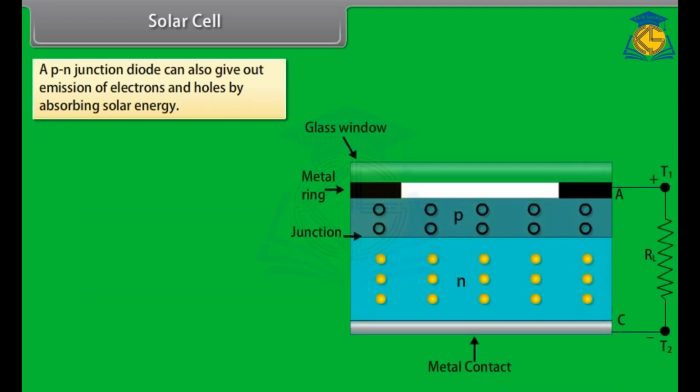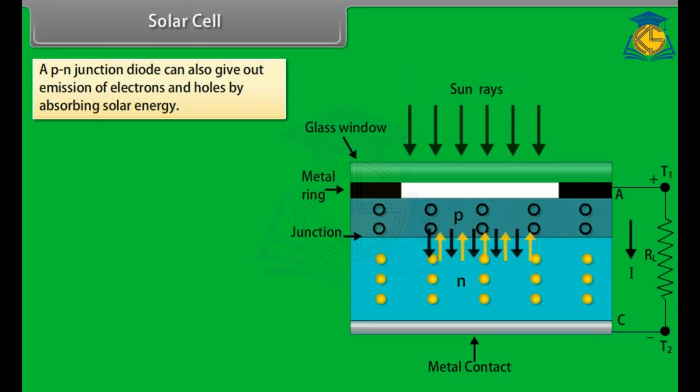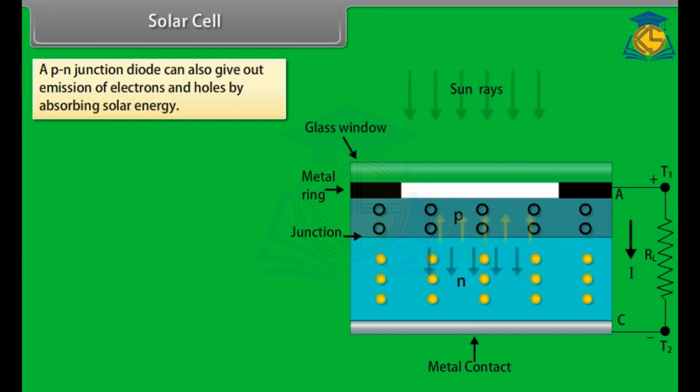A p-n junction diode can also give out electrons and holes by absorbing solar energy. The p material at the top is very thin compared to the thickness of the n material. Thus, solar energy photons entering from the top glass window easily penetrate up to both sides of the junction.